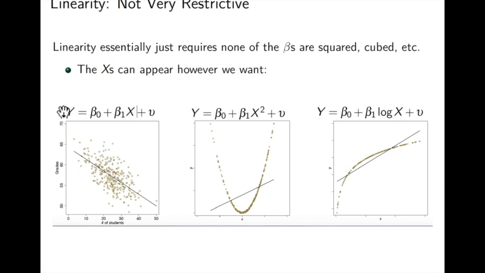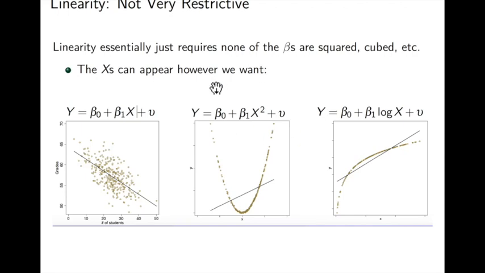For example, here is a linear relationship between y and x. Here's x, here's y, and this line represents the linear relationship between x and y. Here is a linear relationship, not between y and x, but between y and x squared. So in gold, I've plotted x, and the dark line here represents the relationship between x squared and y.